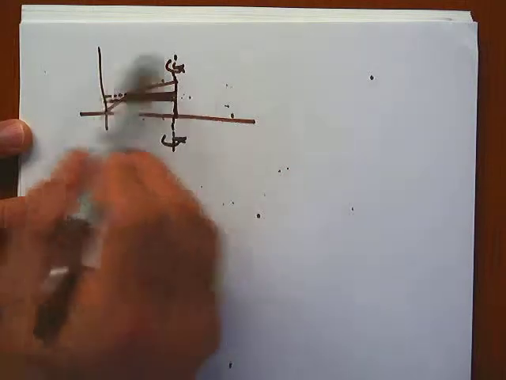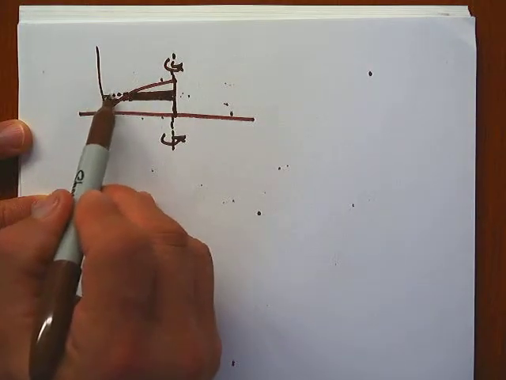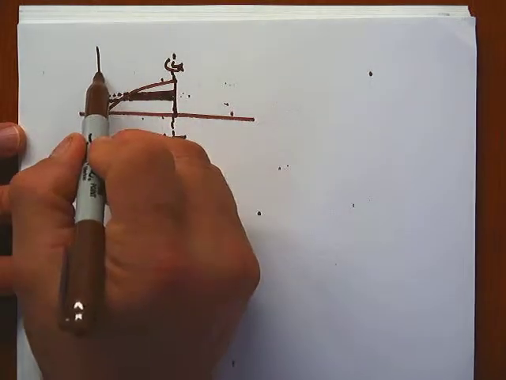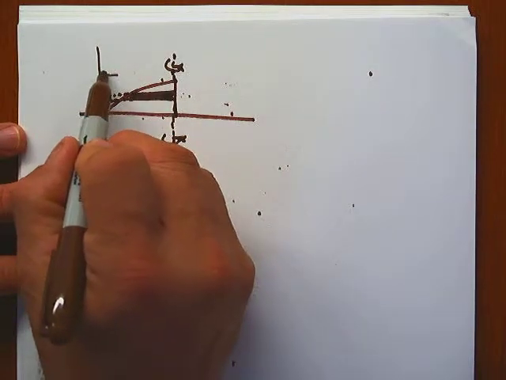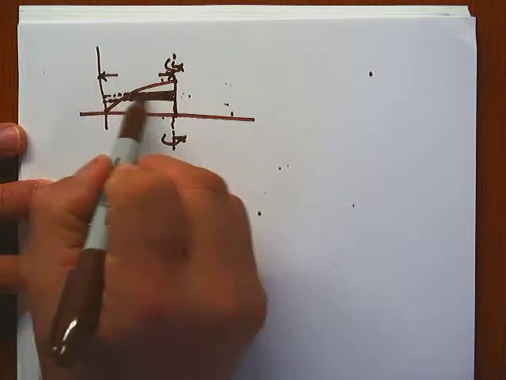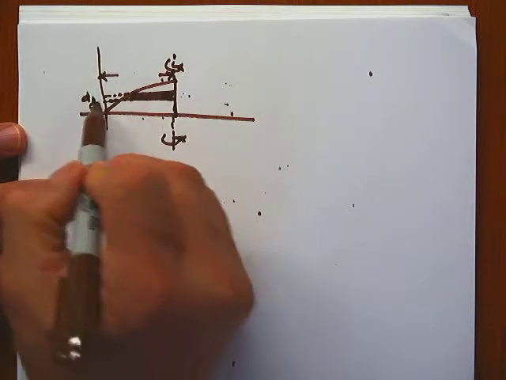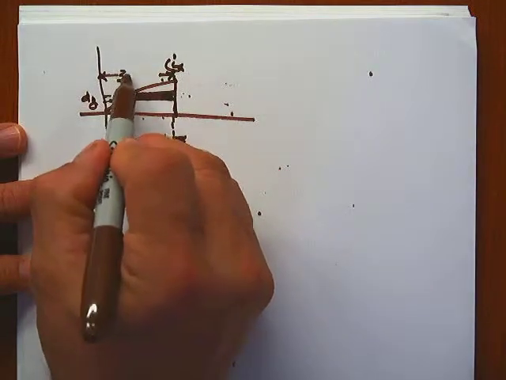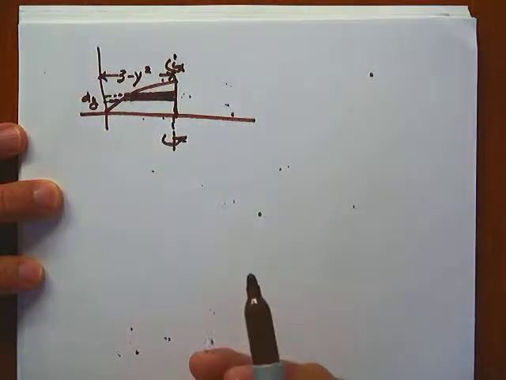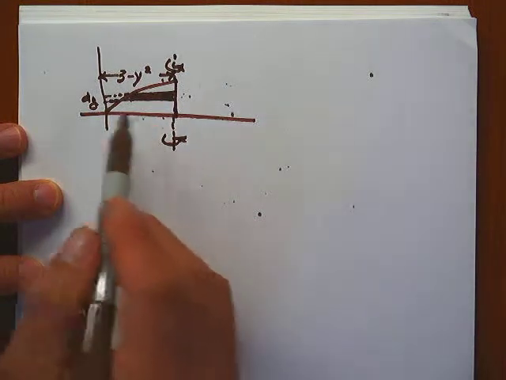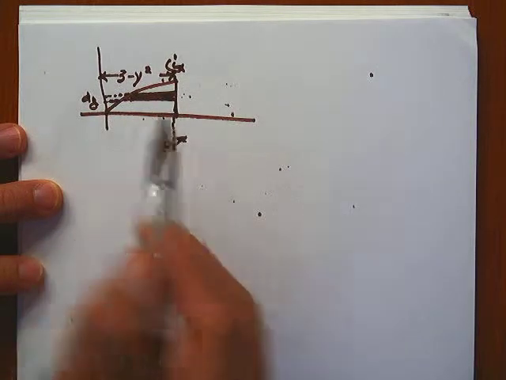That's our hatching, like I told you in class. But you can't ignore this right here. That thing's going round and round and round, but this part is not part of your volume, but you have to count it because you have to subtract it out. So this little length of this dy right here would be 3 minus y squared.